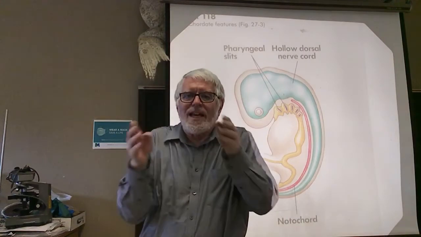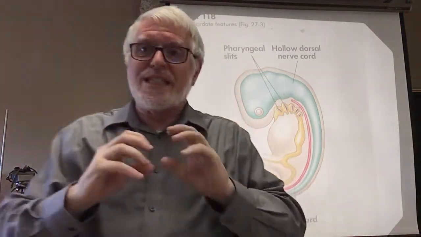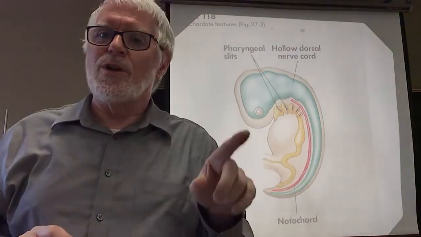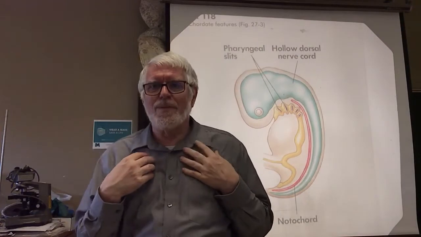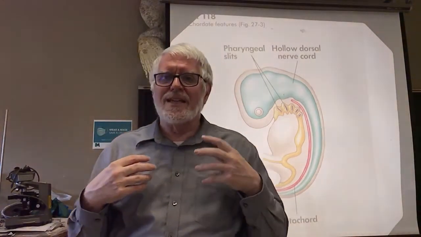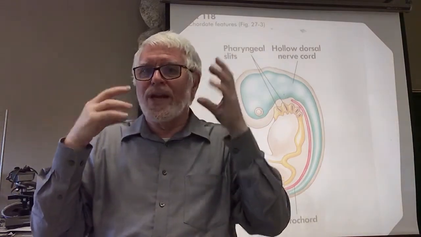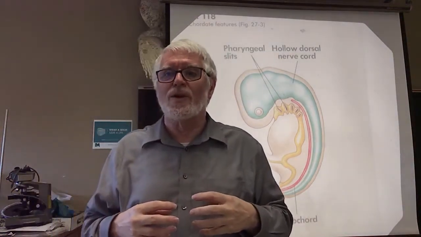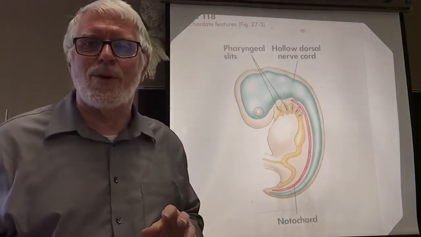When it does that, it pulls the skin on both sides over the top of it. So it becomes a tube inside the body, the dorsal nerve cord, and that's why it's hollow. Even in people our age, there are some hollows in the very innermost part of your brain. There are hollows in the very innermost part of your spinal cord. They're not super hollow anymore, but they are technically still a hollow nerve cord.